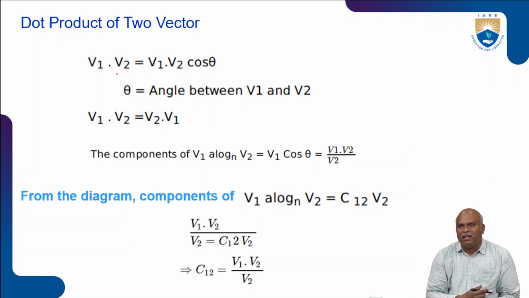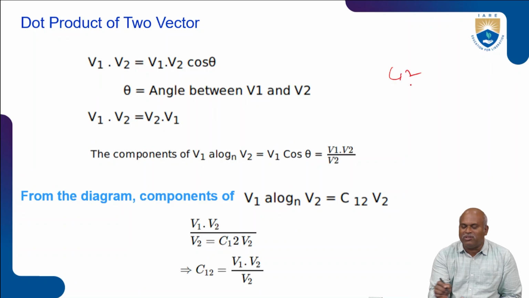Now the angle value is represented as very minimum. In that case C12 does not happen, so I represent it as 0. Then V1 V2 is equal to V2 into V1 or V1 into V2.